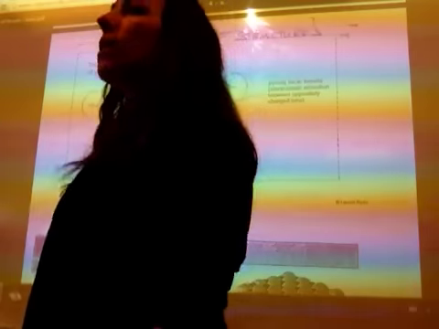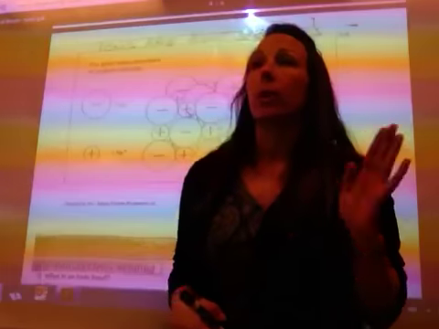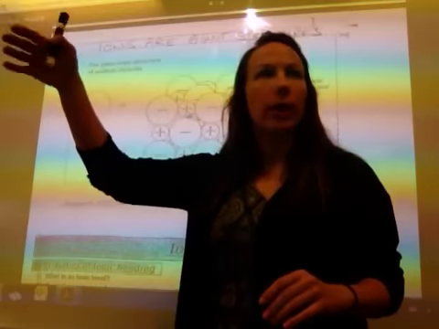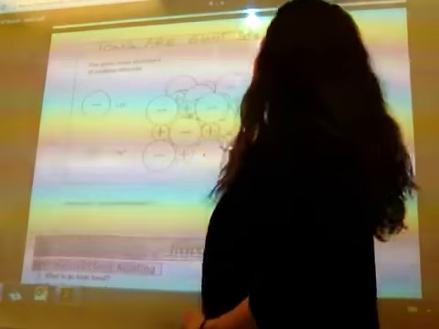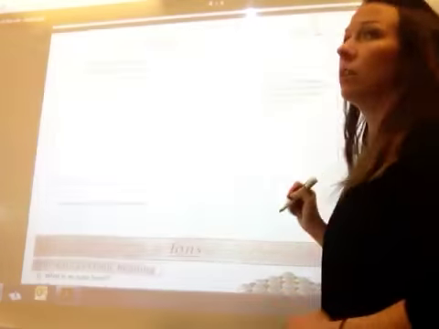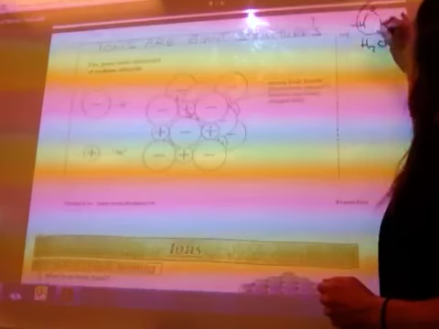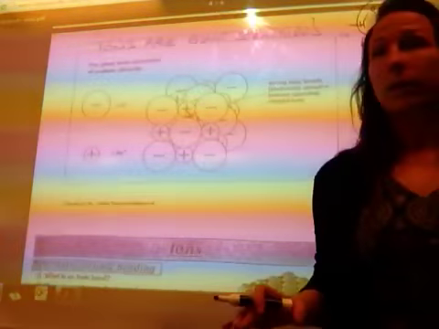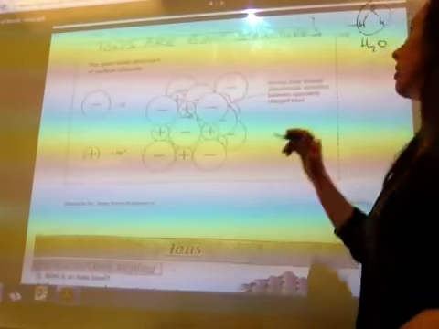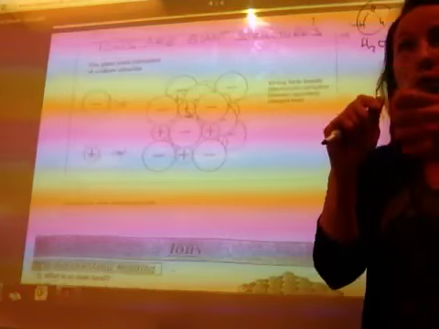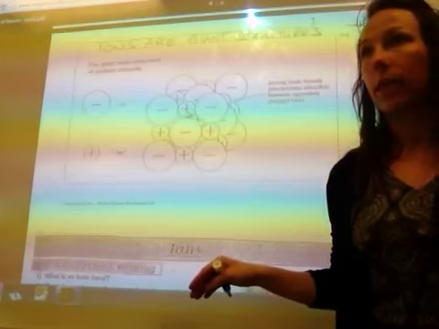Okay, one of the things that's really different about an ionic compound, and when we get going later, a molecular compound, is that when I say water, H2O, I really mean there are only 2 hydrogens and 1 oxygen connected together. Done. That's it. I don't mean potentially 4 and 2. I mean 2 and 1. The end. Game over.